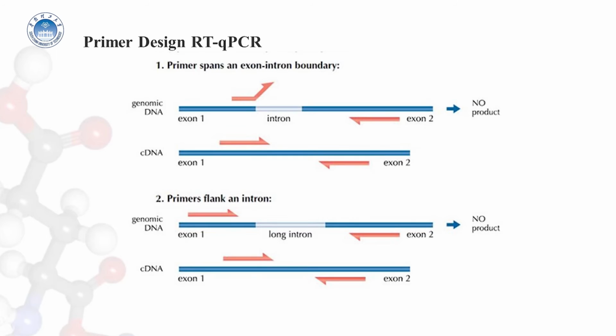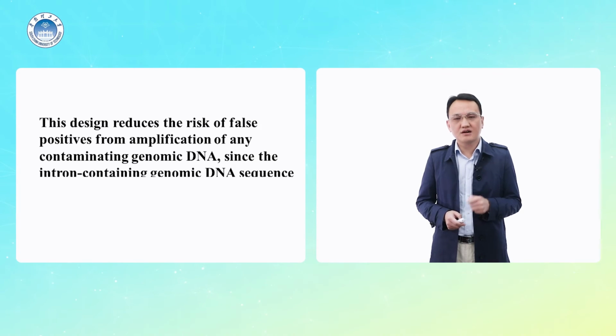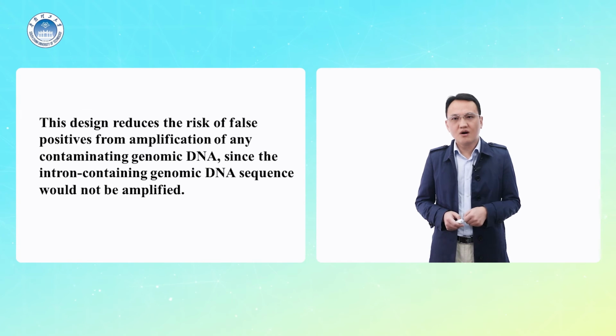PCR primers for the qPCR step of RT-qPCR should ideally be designed to span an exon-exon junction, with one of the amplification primers potentially spanning the actual exon-exon boundary. This design reduces the risk of false positives from amplification of any contaminating genomic DNA, since the intron-containing genomic DNA sequence would not be amplified.